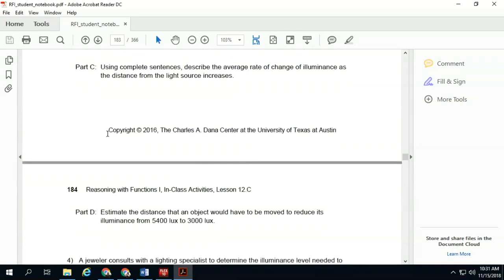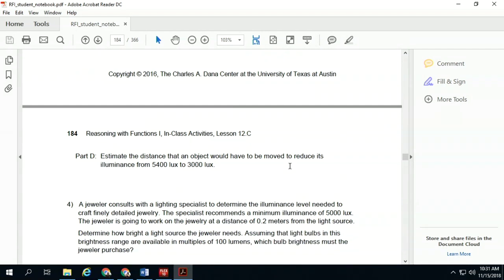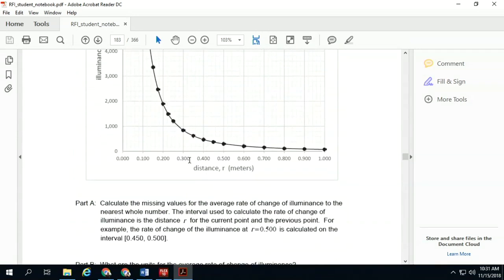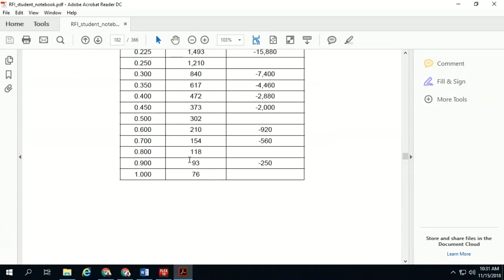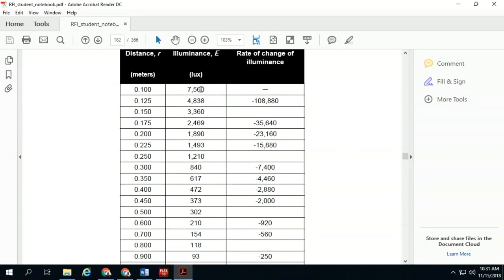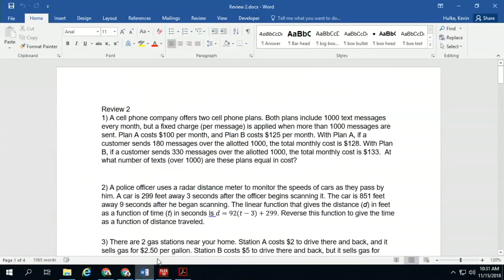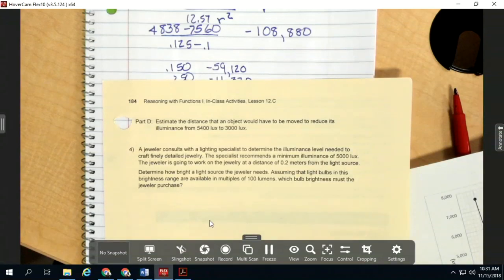Estimate the distance that an object would have to be moved to reduce its illuminance from 5,400 to 3,000 lux. How far would you have to go from 5,400? Well, 3,000 is not on the table. So we have to use our math to figure that out.